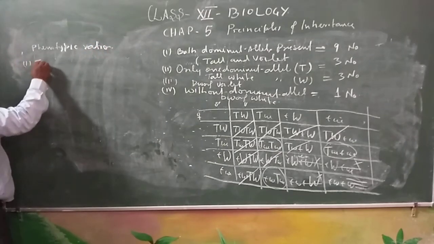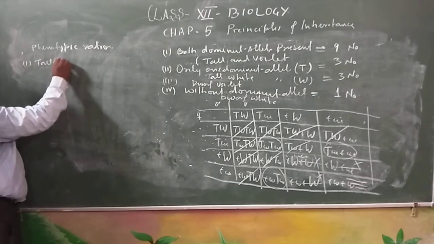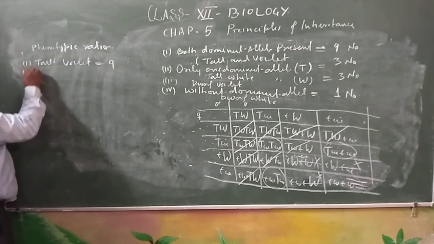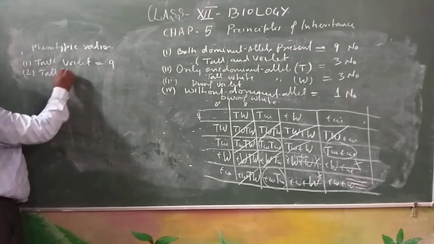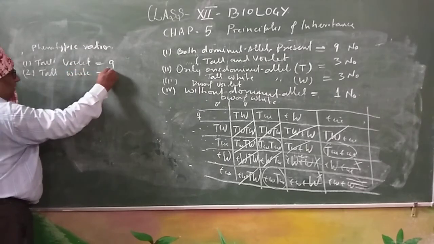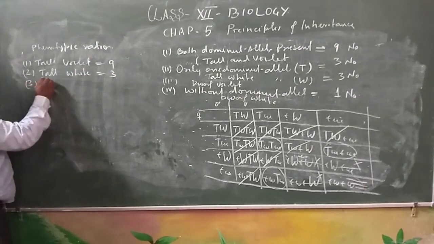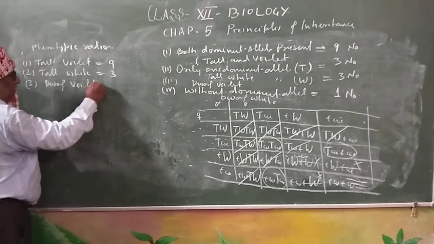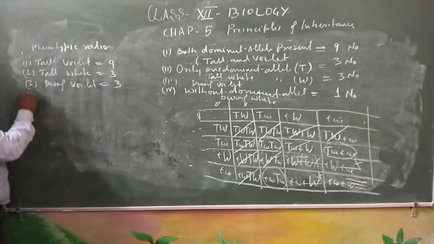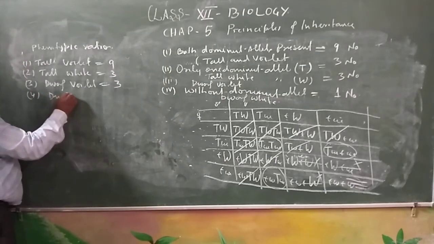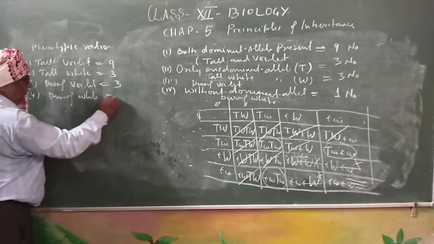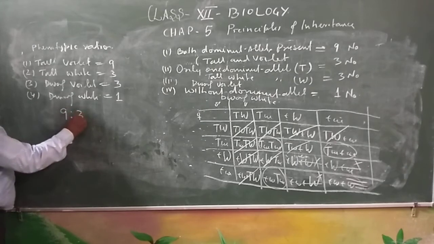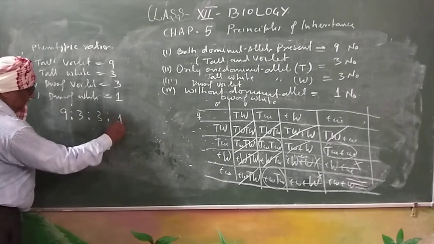Number 1, tall violet is equal to 9, 2 tall white is equal to 3, third dwarf violet is equal to 3, and fourth dwarf white is equal to 1. We can call it 9 ratio, 3 ratio, 3 ratio, 1.